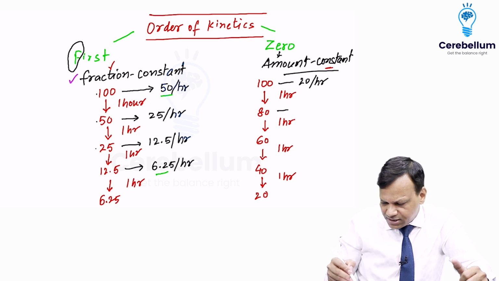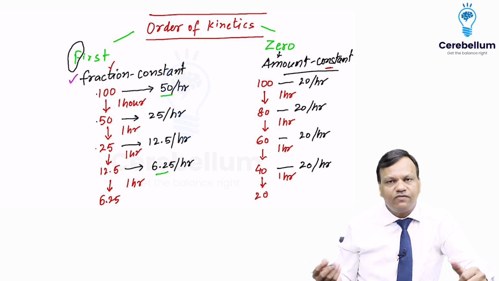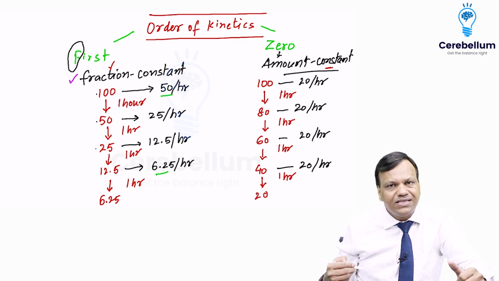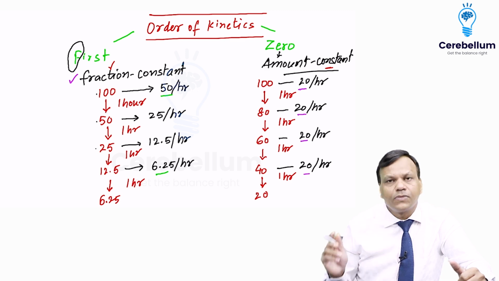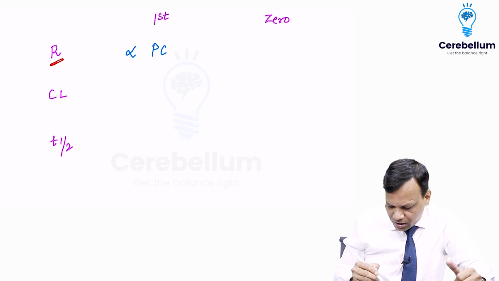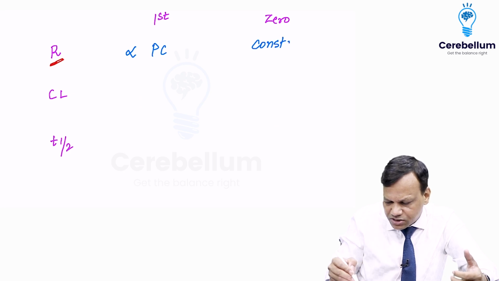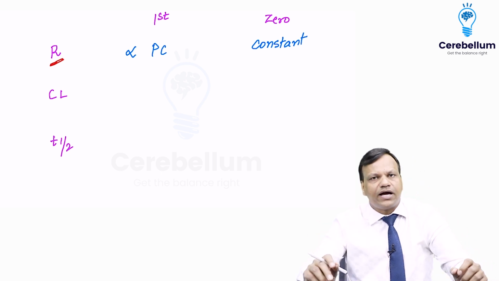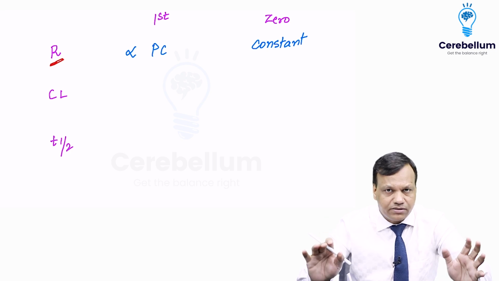Here 80 minus 60, that is 20 per hour. 60 minus 40, 20 per hour. 40 minus 20, 20 per hour. So what we noted, whatever may be the plasma concentration, rate of elimination is the same. So we can safely say in zero order kinetics, rate of elimination is independent of plasma concentration, or we can say it is constant. In first order kinetics, it is directly proportional. In zero order kinetics, it is constant.